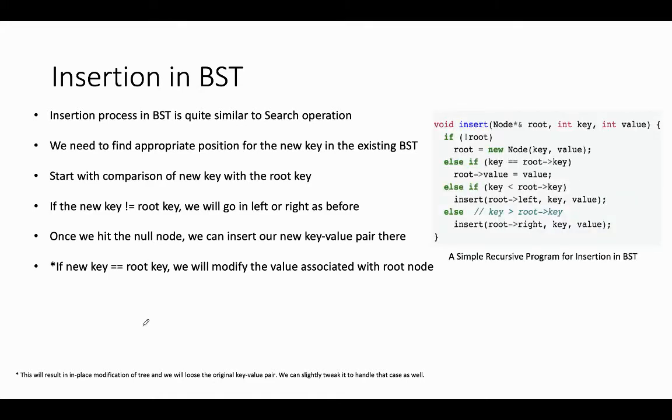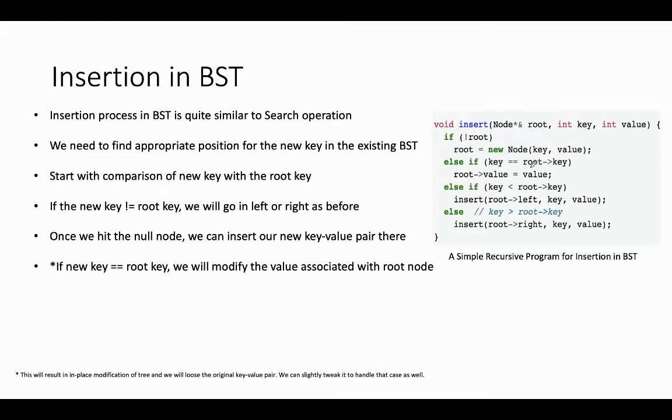So this is a simple recursive program for insertion in binary search tree. The program takes the pointer to the root node as the input, and the key and the value. The value is basically the information associated with the key. It is optional, it might be present or it might not be present. Again, if root is null, then we make the new node the root of the binary search tree.